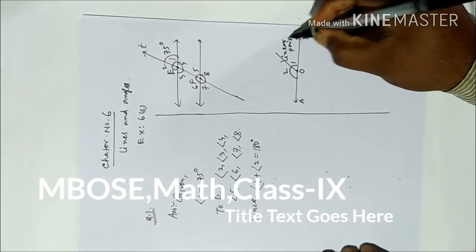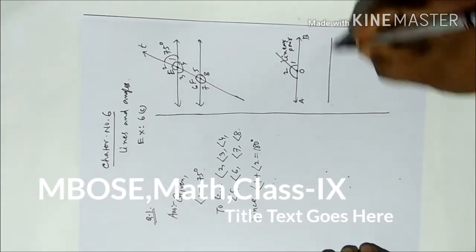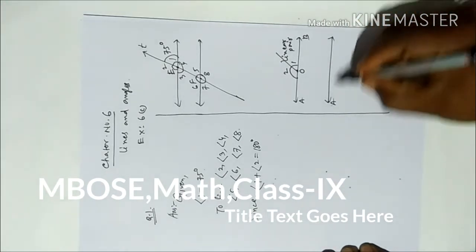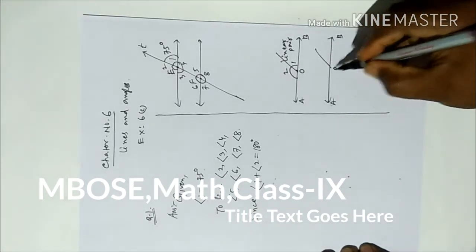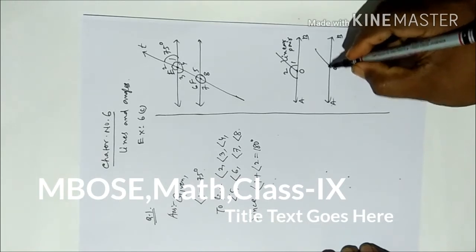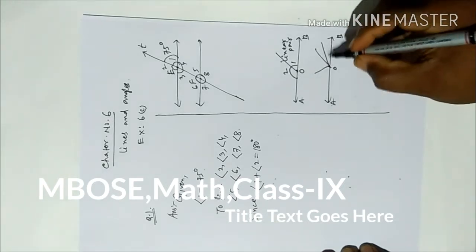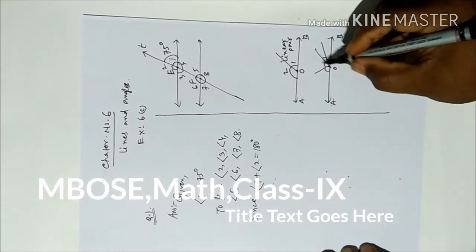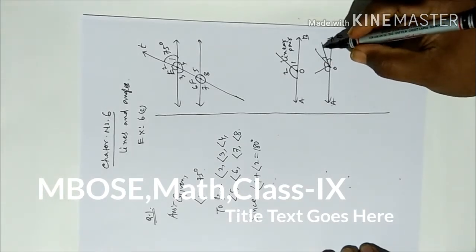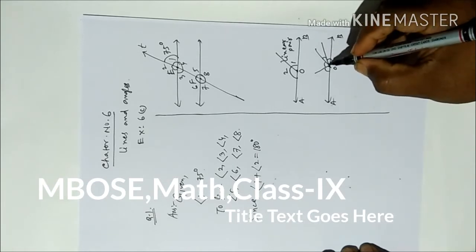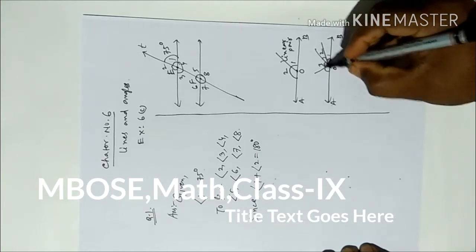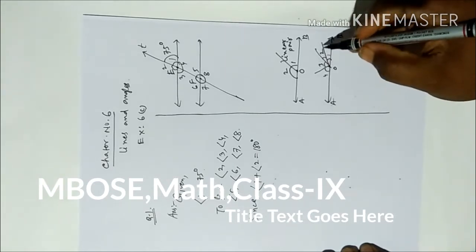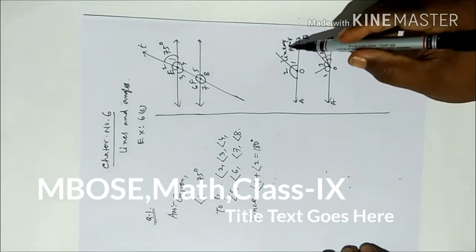But if I draw like this, the same way, how many angles are there? You see here there are 4 angles. You can draw more than 2, more than 3, more than 4, more than 5. If 4 angles form, you cannot write linear pair.